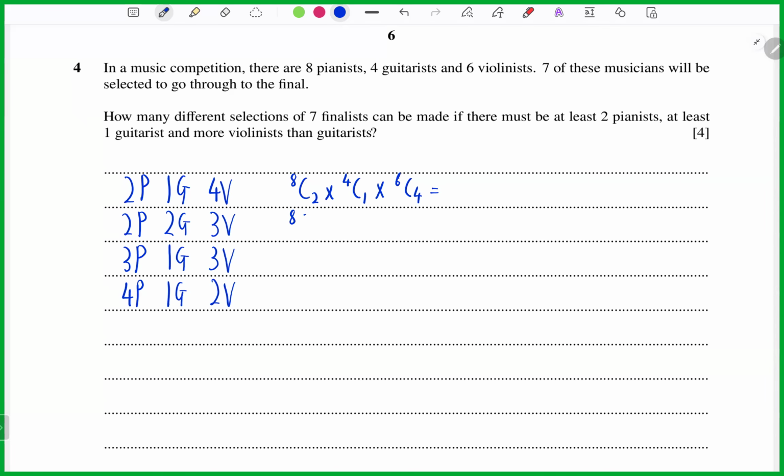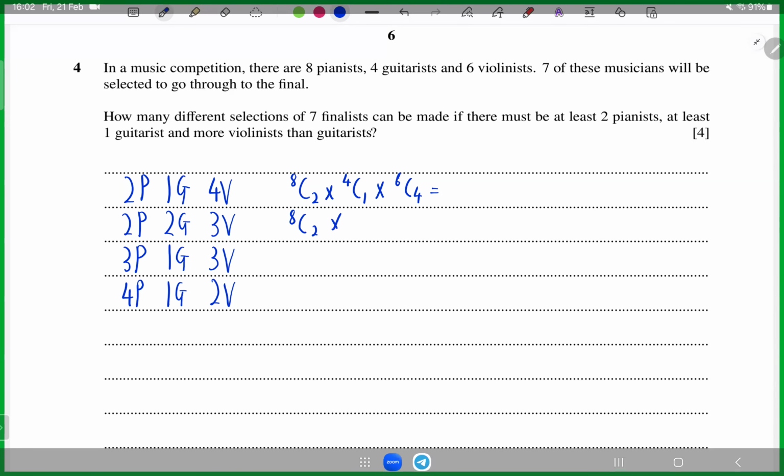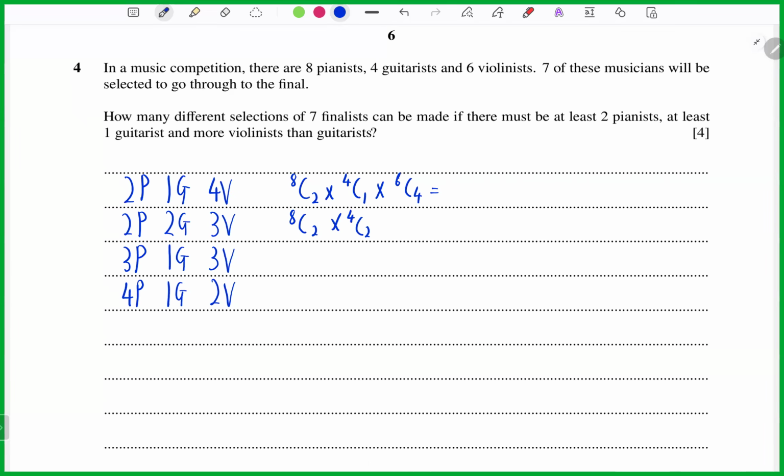And then 8C2 multiply 4C2 multiply 6C3, equals to 8C3 multiply 4C1 multiply 6C3, equals to, and the last, 8C4 multiply 4C1 multiply 6C2. So now, using your calculator to find out.